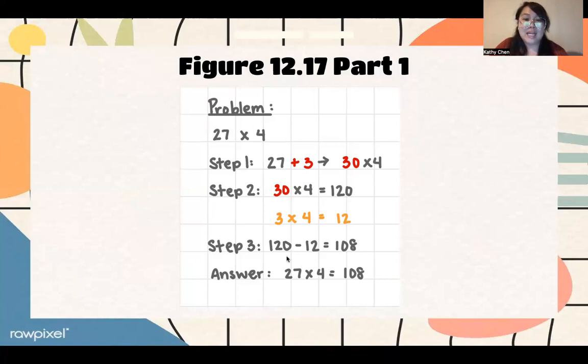In step 3, they subtract 120 by 12. So 120 minus 12, and they got 108. So their actual answer for this problem, 27 times 4, is 108.